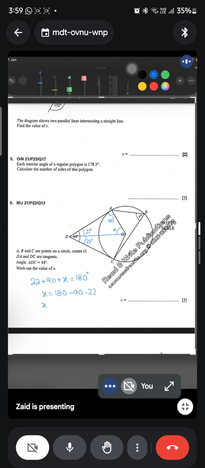How much are we getting? 68. So how much should this angle be? Sir, 68? Yes, 68, because they are equal triangles. So this entire angle comes out to be how much? 136.